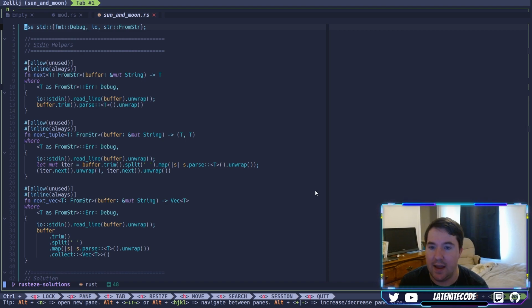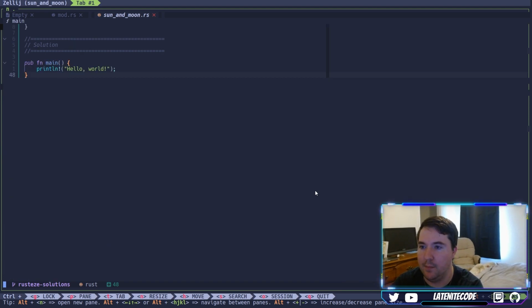So these are effectively helpers that can help me to digest standard input into shapes that I prefer to use, like single values, vectors, and tuples. But I can actually set them up to be inlined, so that there's no performance overhead at all incurred by using them. And now I don't have to keep messing around with buffers and clearing them and trimming them and parsing them and all that stuff. I can now just call these inline functions and just get the shapes that I want.